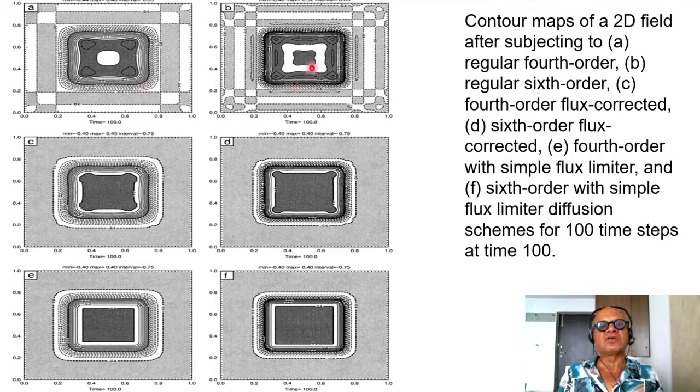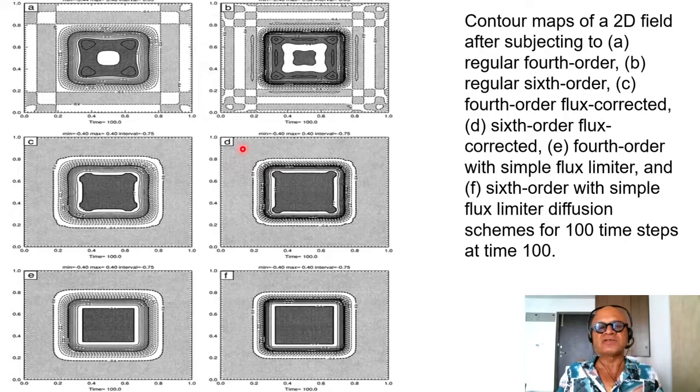This is regular sixth order, so it improves some things but also introduces other issues. You can see the distribution changes. And then this is the fourth order flux corrected, so it has removed all these errors, false maxima and minima at the edges. You can think of those as improving boundary conditions.